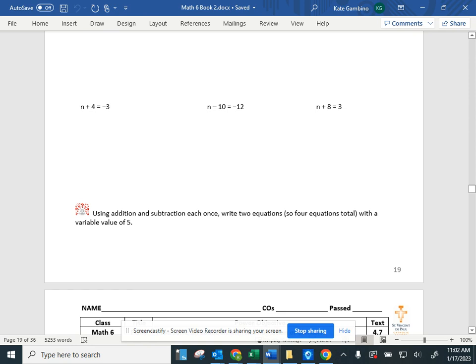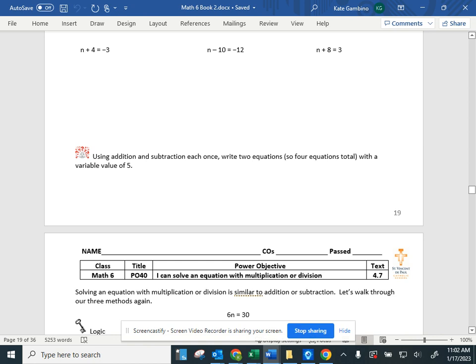Then on the bottom it says using addition and subtraction each once, write 2 equations, so 4 equations total with a variable value of 5. So you're going to have one that's adding and one that's subtracting from the same fact family. And then a second one.